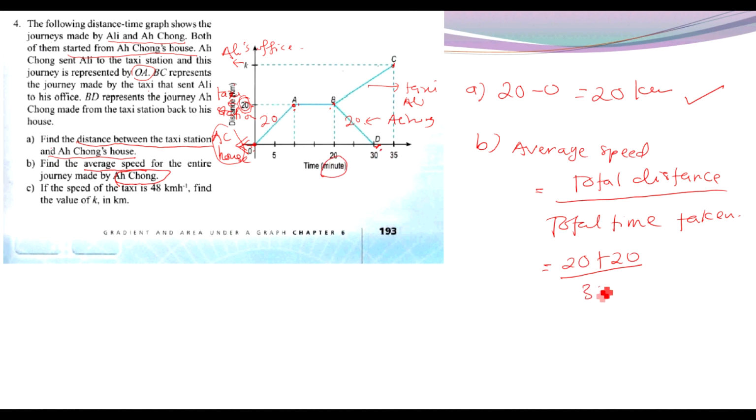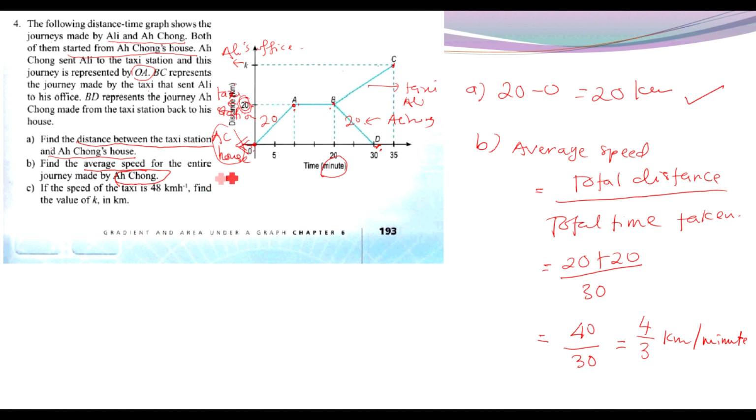Find the average speed for the entire journey by Ah Chong. So equals 40 over 30 minutes, which equals 4/3 kilometer per minute.